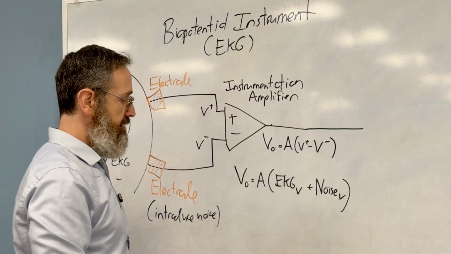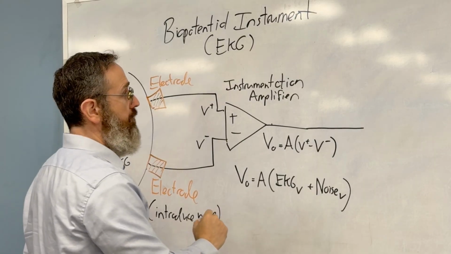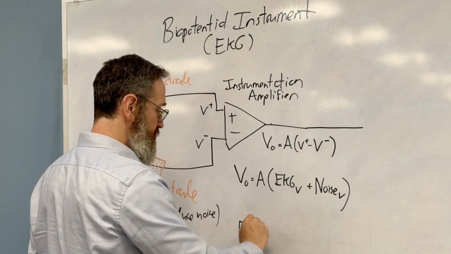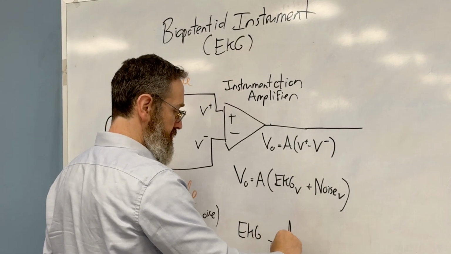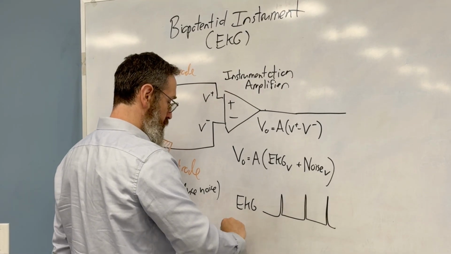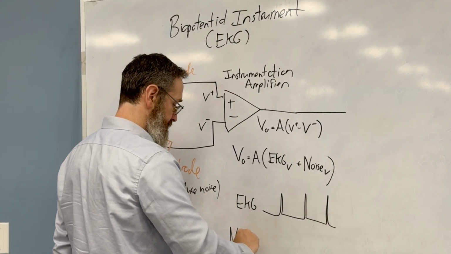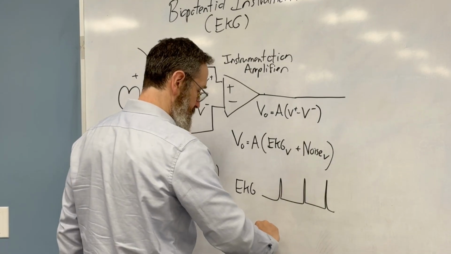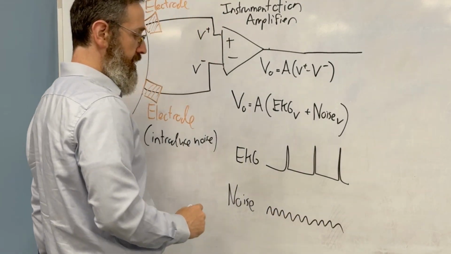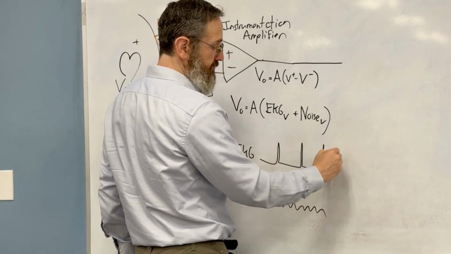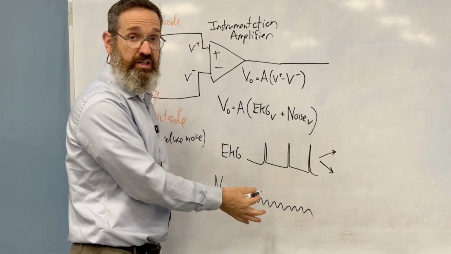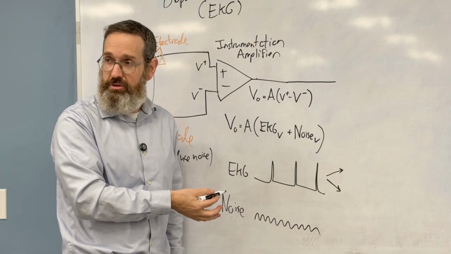We discussed that if we look at the EKG in time, and let's say it looks like this, and we have the noise in time, and let's make it a very high frequency noise relative to that. The EKG itself is ultimately composed of different sinusoids, because everything is made out of sinusoids.